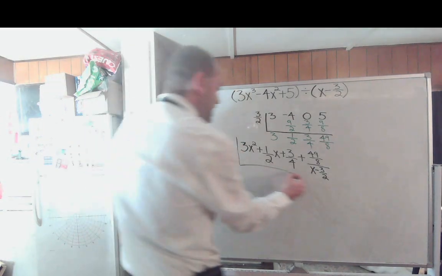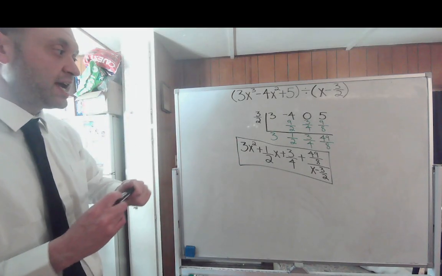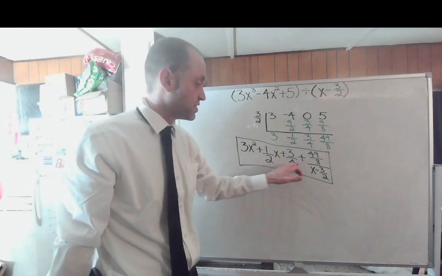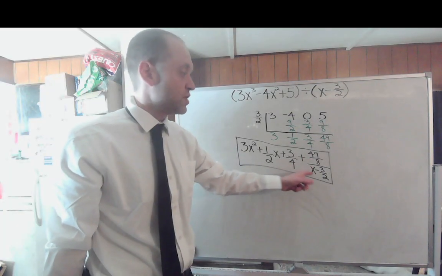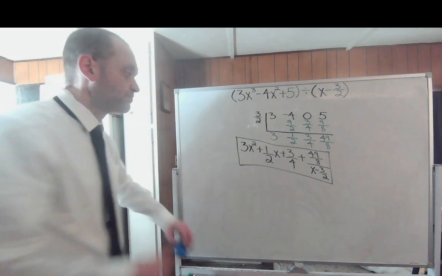That's exactly how you would write the result. You'll end up getting 3x squared plus 1/2 x plus 3/4 plus 49/8 over x minus 3/2. All right.